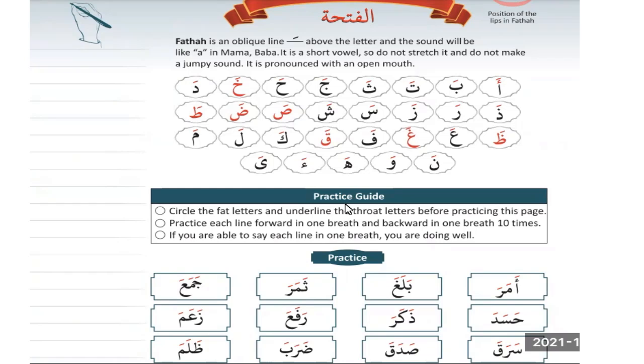When we join them together, especially the dry part, we say ma, mim fatha ma, ba fatha ba, mim fatha ma. You see the difference? For the ba, we are using the wet part, but for the ma, we are using the dry part of the lips. Okay, like we say amaro, like this.